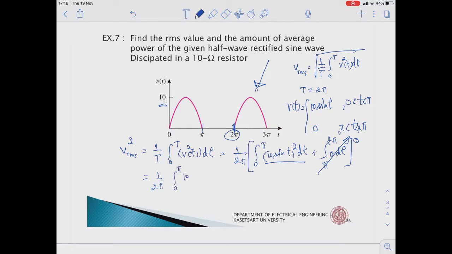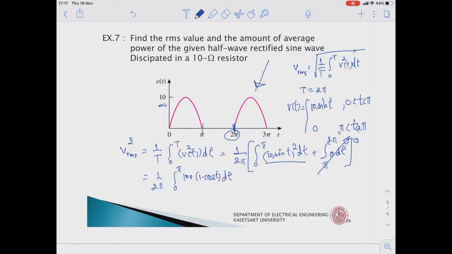pi, 100 sine square dt, and for this 100 sine square, sine square is equal to (1 minus cosine 2t) over 2, dt.